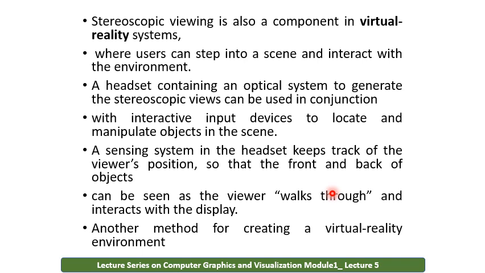Viewing input devices locate and manipulate objects in the scene, and the sensing system in the headset keeps track of the viewer's position, such as the front and back of objects, as the user walks through the scene. The interaction with the display creates a virtual reality environment for stereoscopic viewing.